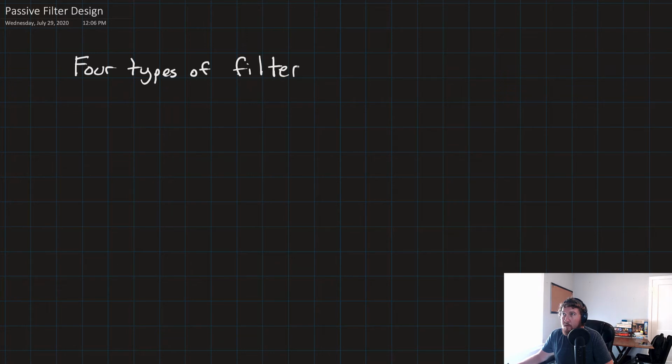Now, there are fundamentally four types of filters. And they cover pretty much everything, right? So there's first what we call low pass. Then we have high pass.